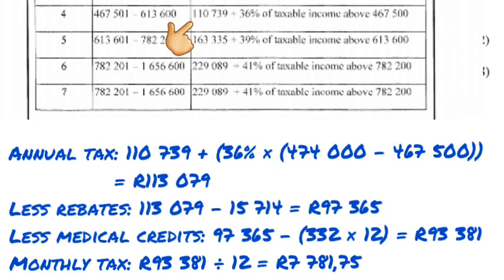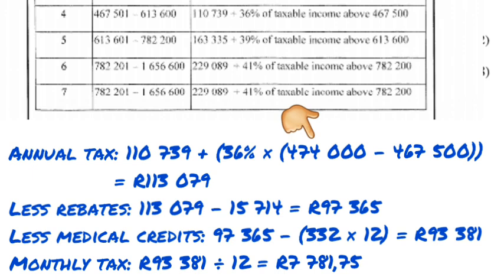You start with that amount that they were just telling us about, 110,739. Then you're going to plus it and open a bracket, then the 36%, which is the percentage that we got from there, multiply, you open another bracket. The placement of these brackets, by the way, is very important.